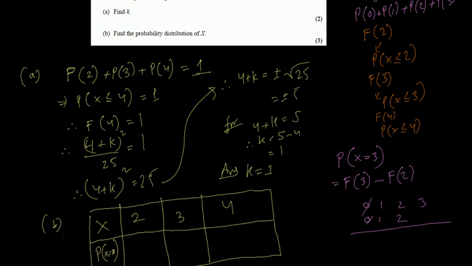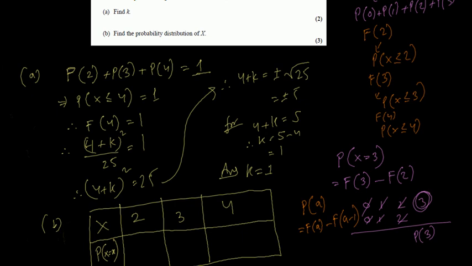Now if you subtract this from this, this and this cancel, this and this cancel, this and this cancel, only this remains. So this would be the probability of this. From that we can get a general idea that probability of a is Fa minus F(a minus 1), the previous one. So that's how this works.